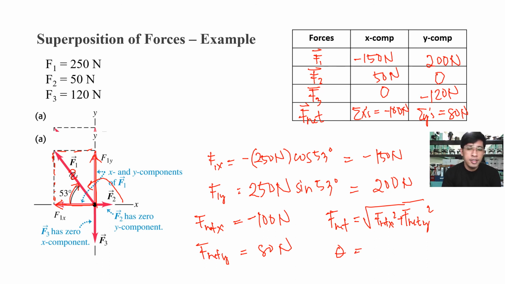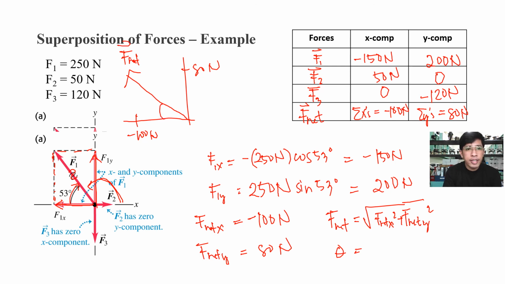By the way, let's draw this your F net. It has a negative x and then positive y. So let's say this is negative 100 newtons, and this is 80 newtons. So this is here your F net, somewhere around here.